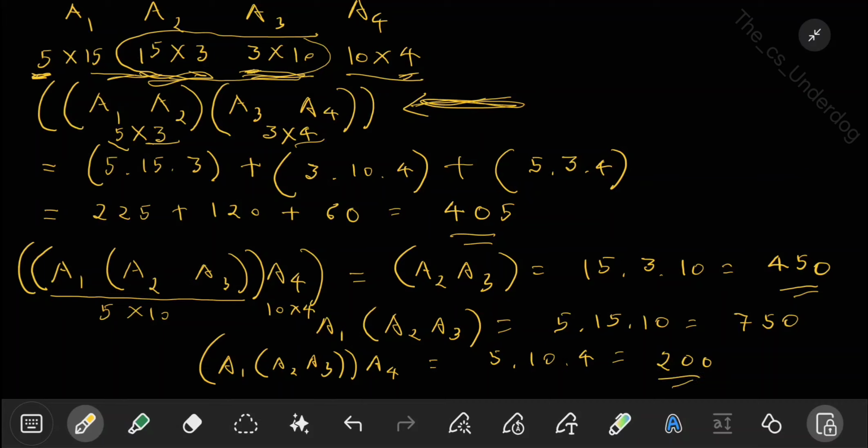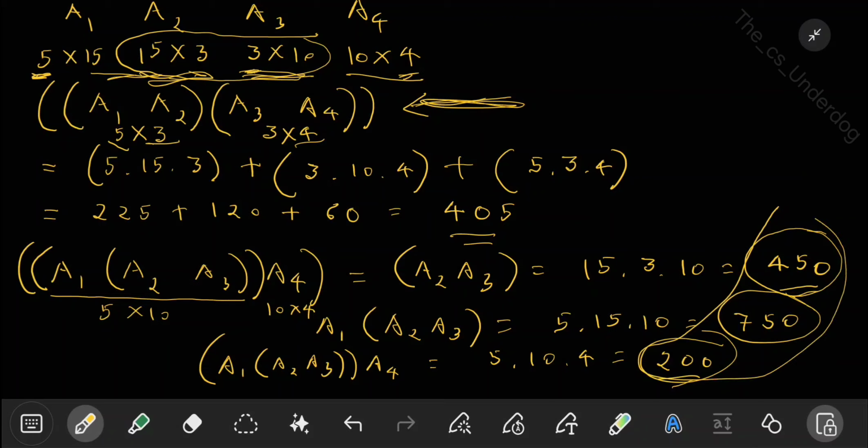So the total number of scalar multiplications: 450 plus 750, which will be 1200, plus 200. So this total comes out to be 1400. If you compare with the previous parenthesization, the total number of scalar multiplications was 405, but now it is 1400.